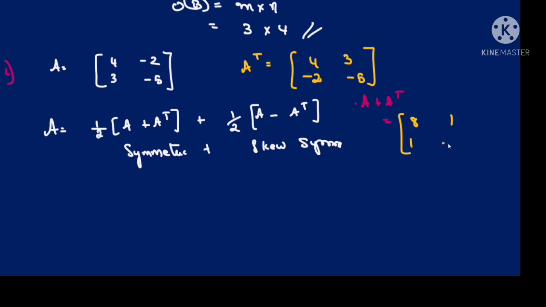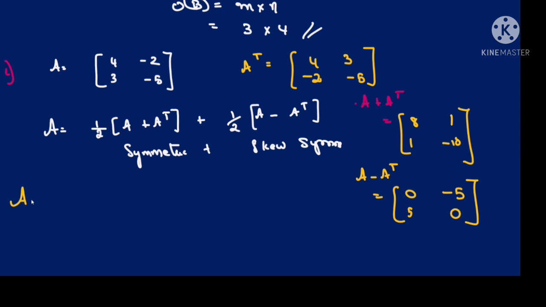Minus 5 minus 5, minus 10. What is A minus A transpose? Subtract. What do you get? 4 minus 4, 0. Minus 2 minus 3, minus 5. Then 3, change the sign, 3 plus 2, 5. Minus 5, change the sign, plus 5, 0. So this is your A plus A transpose. This is A minus A transpose.